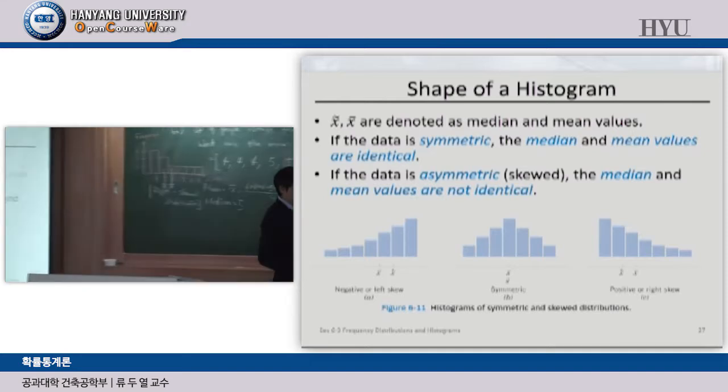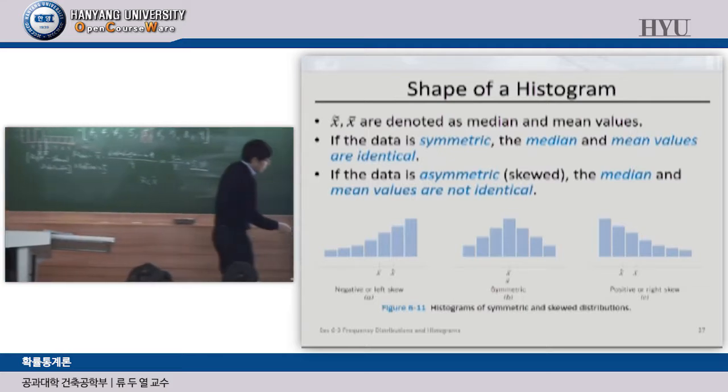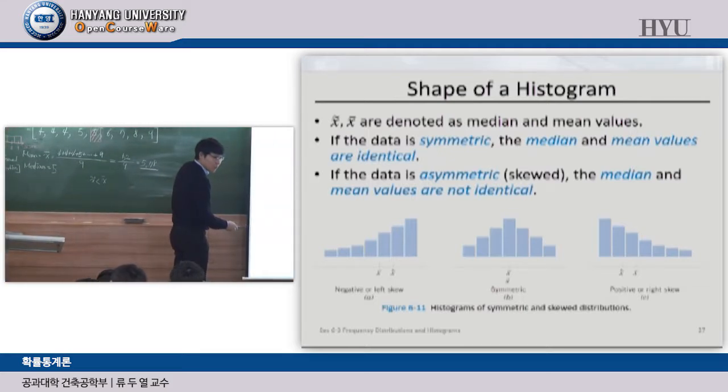And this is the example. The B is the symmetric case. Okay? And then this is the identical value. And in C, the right skew distribution, X bar, the mean, is always larger than the X tilde, the median. Okay? And we can say this is the positive distribution. And if the X tilde, which is the median, is always larger than the mean, X bar, this is called the left skew distribution.